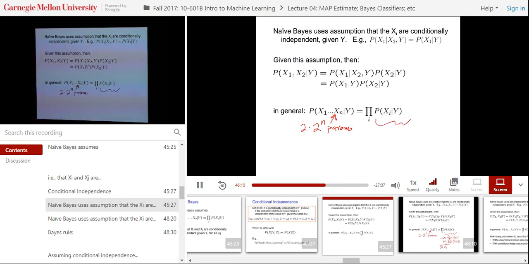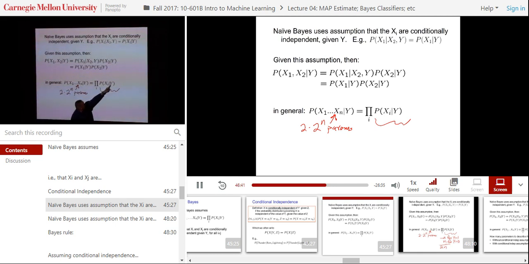How many parameters are involved here? Remember, y can be either 0 or 1. That's why we needed 2 to the n. When y equals 0, we need 2 to the n to represent, for example, the probability that each of these are 1. And of course, 1 minus that is the probability that they'll be 0. But then we also need, for the case where y equals 1, the whole thing again. So that's why we needed 2 times that.